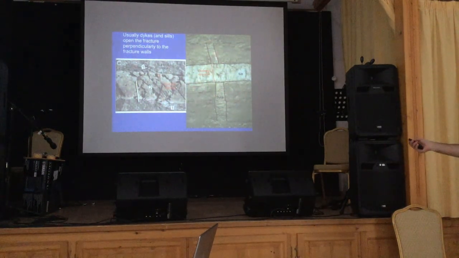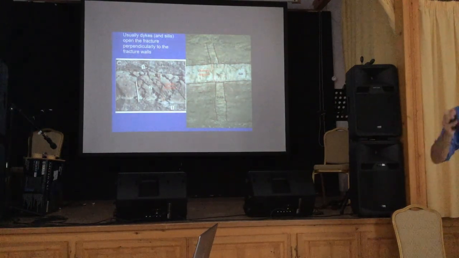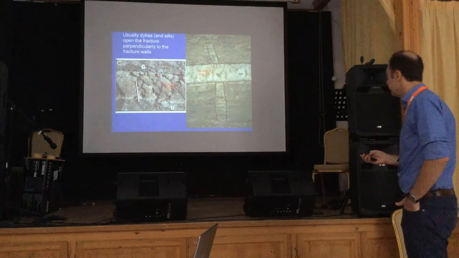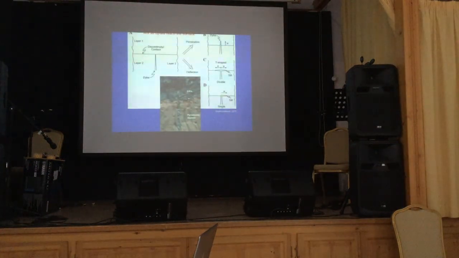This is another case, this is an older one, this is a new one, and again, the opening occurred more or less perpendicular. But the history can be, of course, more complicated. But we must be aware of what can occur, the various possibilities.